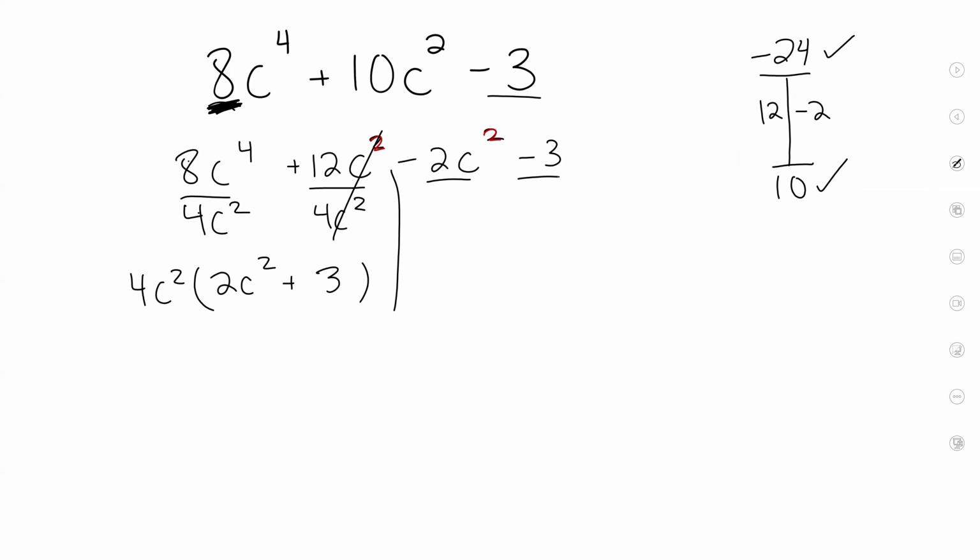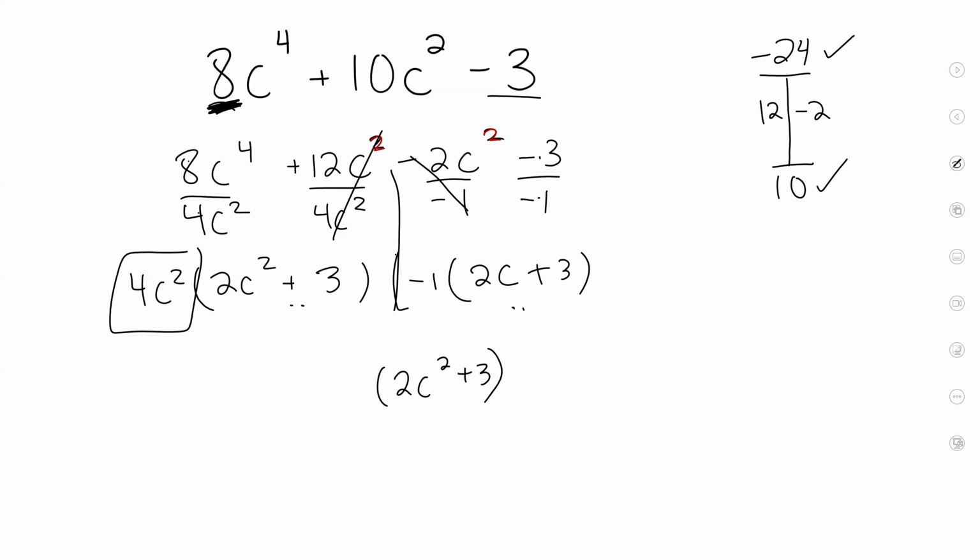On this side, what did you divide by? Negative 1. So negative 1 is on the outside. You're left with 2c. 2 negatives make a positive. And those match. So I know I did it correctly. If those match, you know it's correct. All right, so that goes in one parentheses. And what is on the outside will go in the other parentheses.